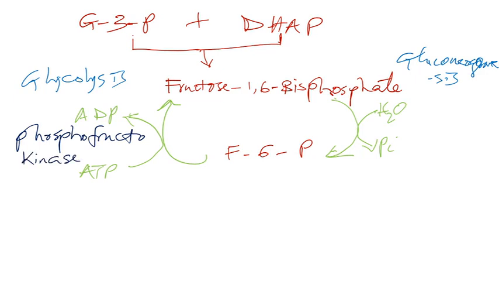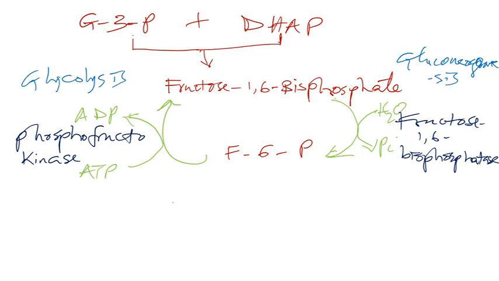So a kinase adds a phosphoryl group to move from fructose 6-phosphate to fructose 1,6-bisphosphate. In gluconeogenesis we are using the enzyme fructose 1,6-bisphosphatase. Okay. So a phosphatase removes, it teases out, a phosphoryl group.